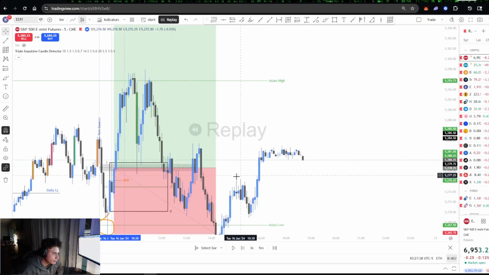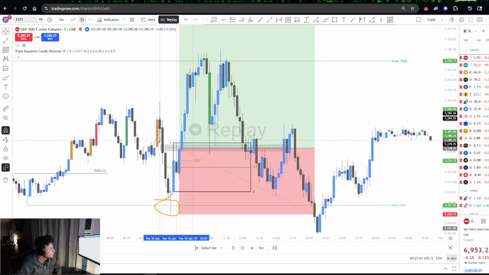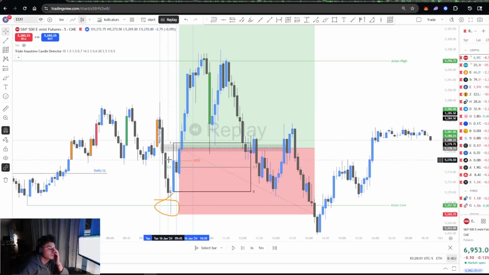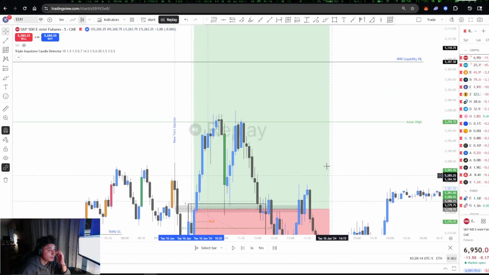So this was like an impulse, a strong reversal day, that's what it was. Pushed it back down. Created a strong impulse candle, break of structure. So yeah, my trade would have been here, the next open.